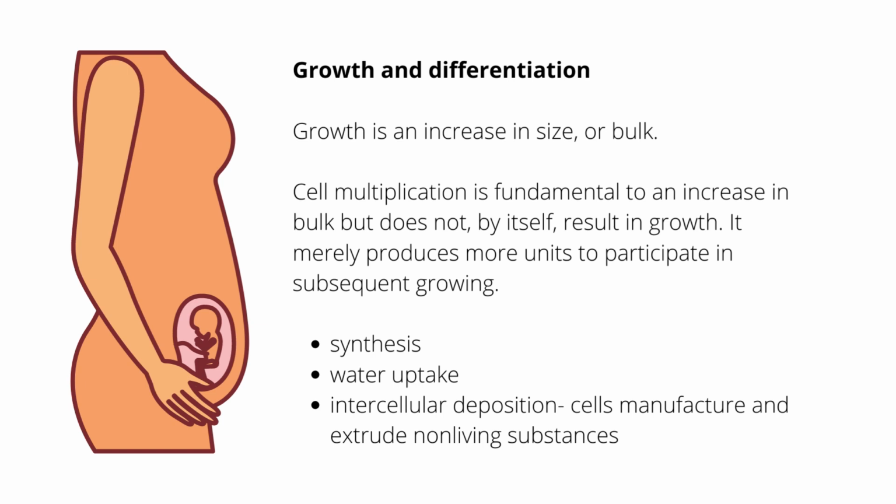A third method of growth is by intercellular deposition, in which cells manufacture and extrude non-living substances, such as, for example, jelly, fibers, and the ground substance of cartilage and bone. Because of these activities, a newborn baby is several thousand million times heavier than the zygote from which it developed.